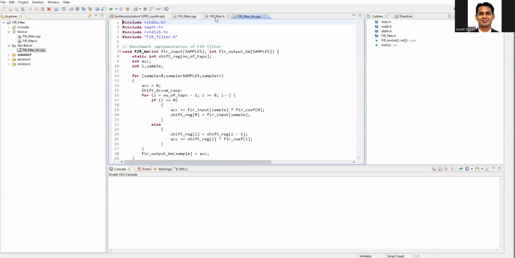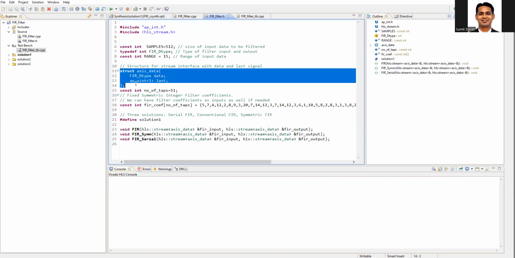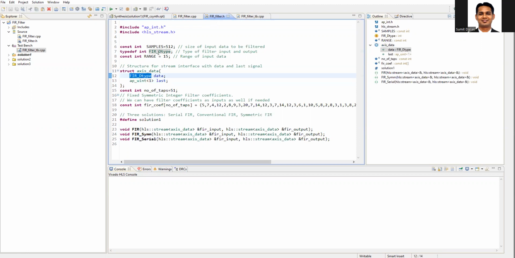Okay, so this is the HLS code. I have the .h file where I need to define the stream interface. So I have defined the corresponding structure where my data type is of type integer. Here I have defined one variable called sample that indicates the size of the data packets to be filtered.